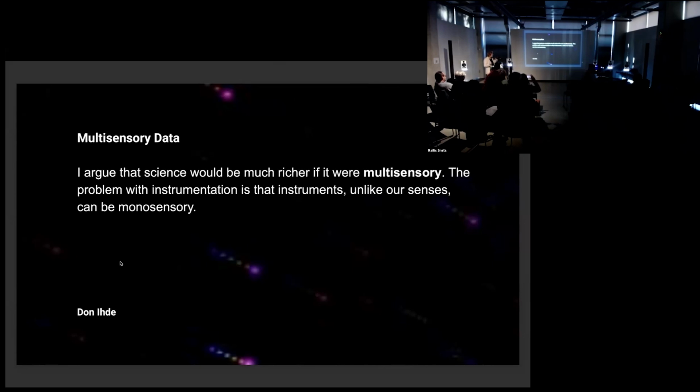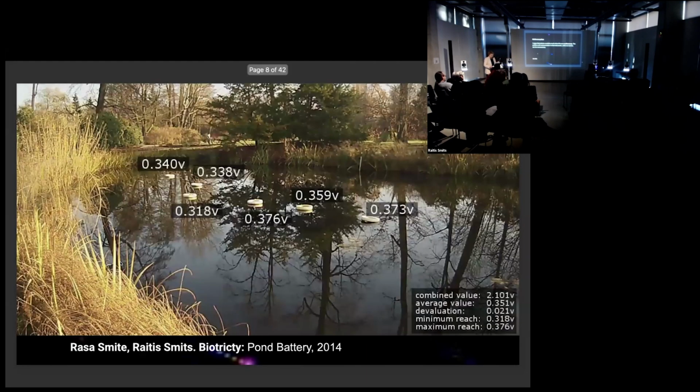The problem with instrumentation is that instruments, unlike our senses, are usually monosensory. It's a little bit about older instruments: a telescope or a microscope is targeted at activating just one sense. These days, remote sensing is already multi-sensor. You can put together different images like RGB and near infrared and have a complete understanding of vegetation, for example, in big fields, forests or rivers.